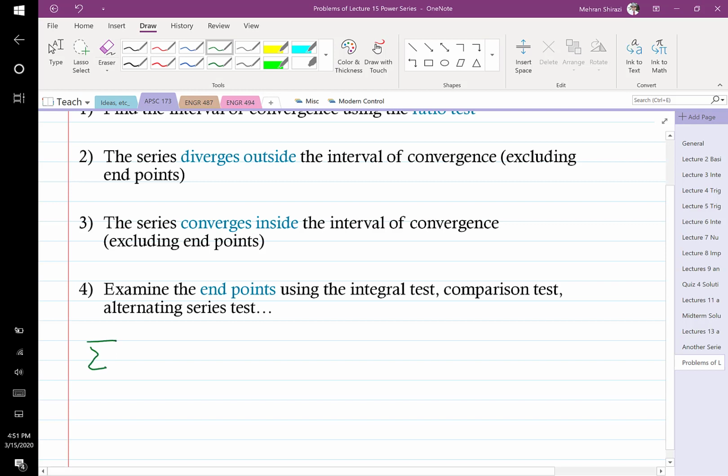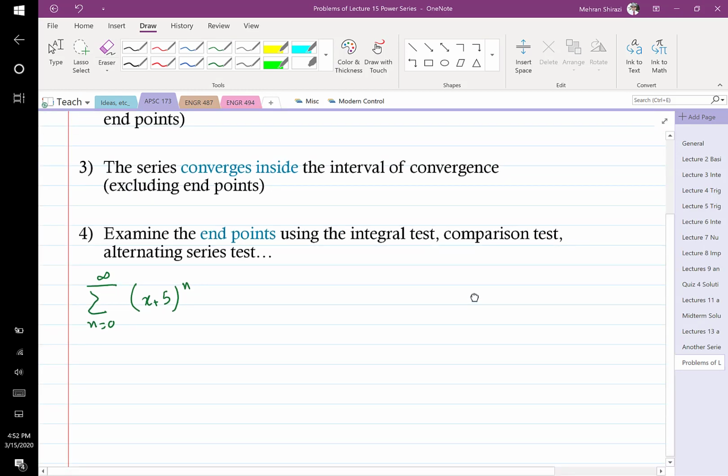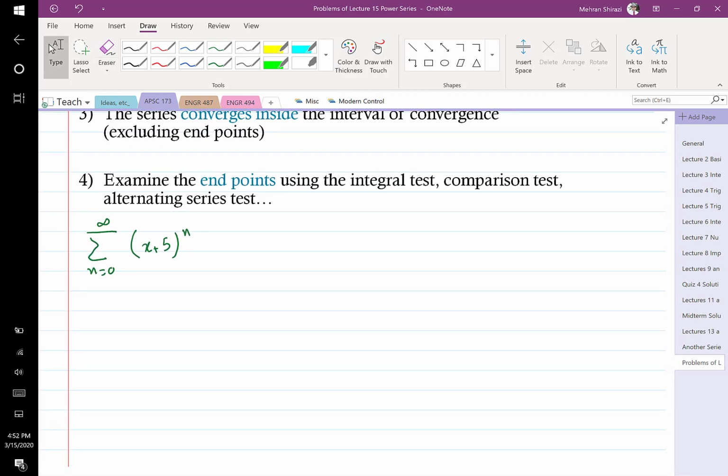We have the series sum from n equals 0 to infinity of (x plus 5) to the power of n. Start with the ratio test. We find the limit of u_(n+1) over u_n. For the next examples, I'm going to avoid writing this first part, since it's the same for all examples.